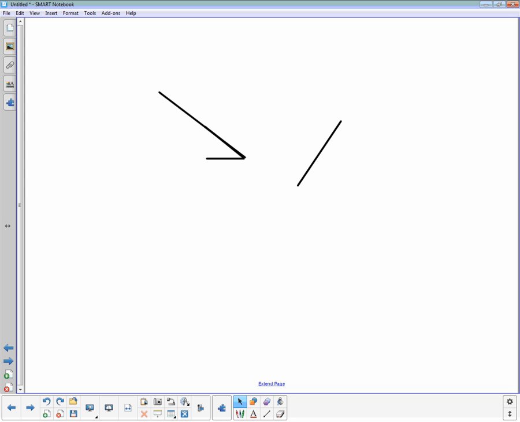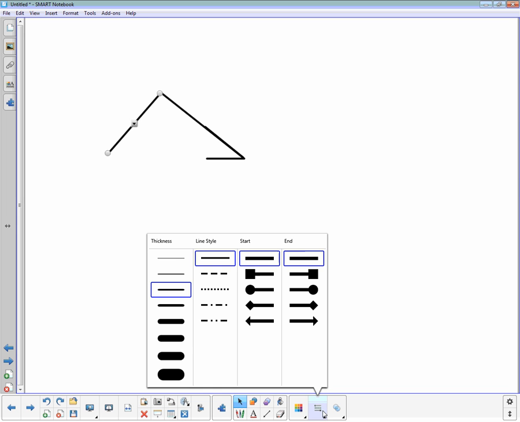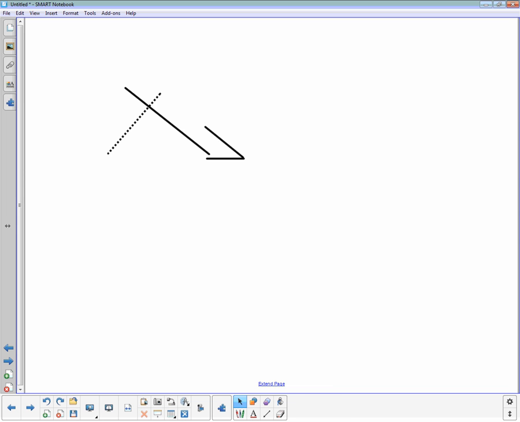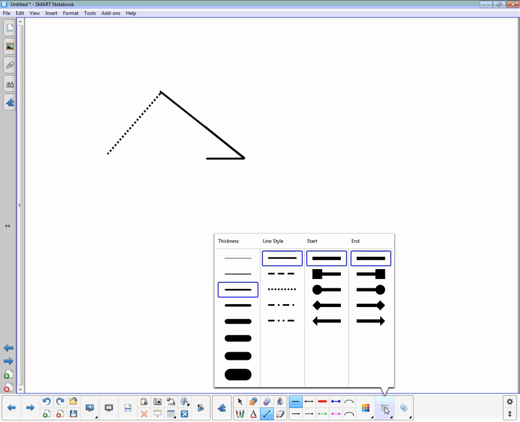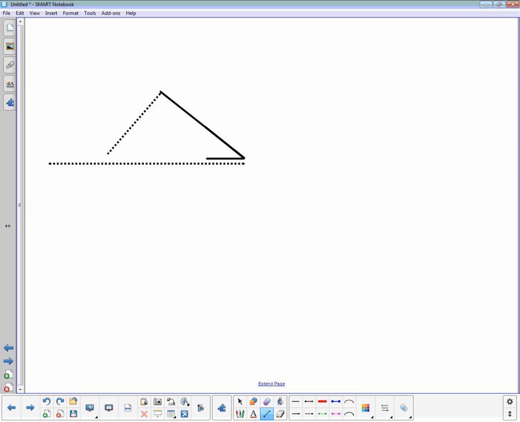So if I try to build it, the problem now is this guy could swing, right? It could be anywhere around here, right? Well, uh-oh.